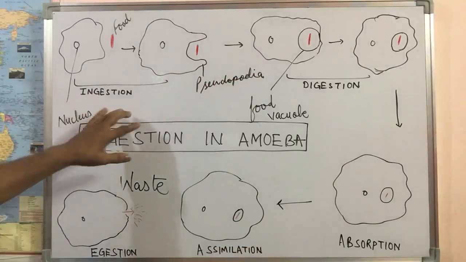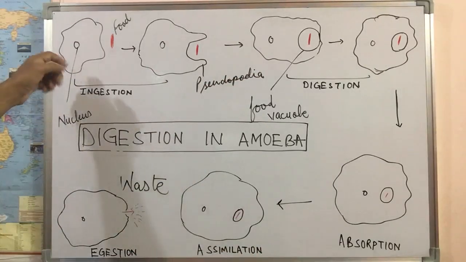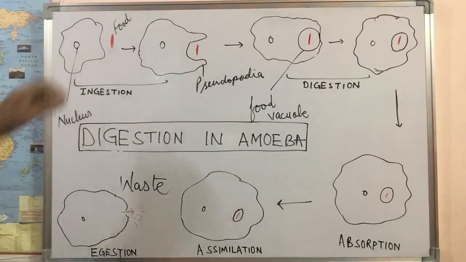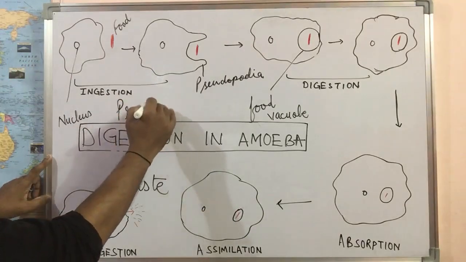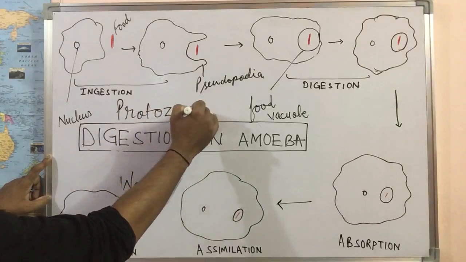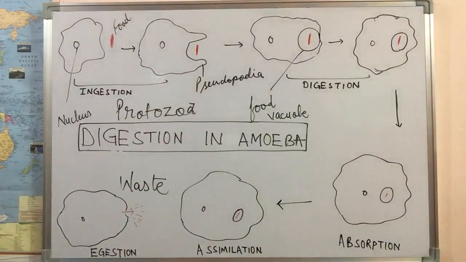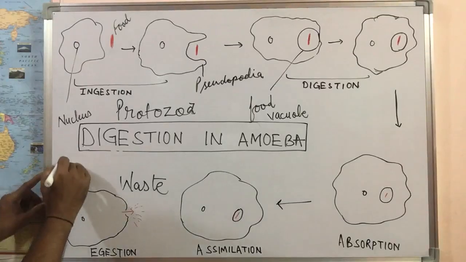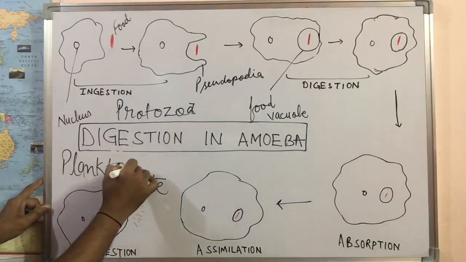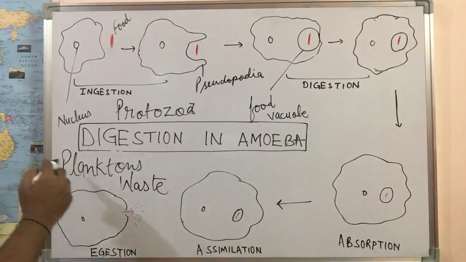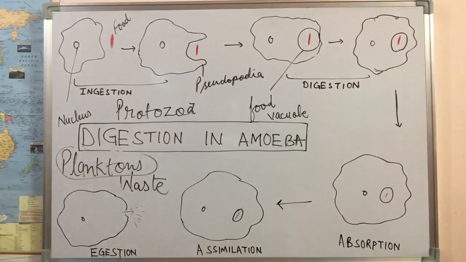The first step is ingestion. First of all, this is amoeba. Structure of amoeba: nucleus. It is a protozoan, a member of group protozoa. The food which it eats is known as planktons.